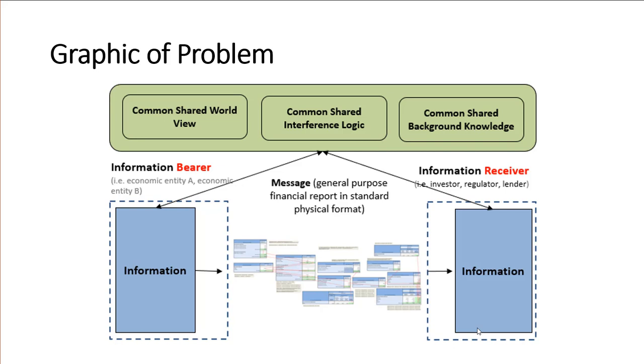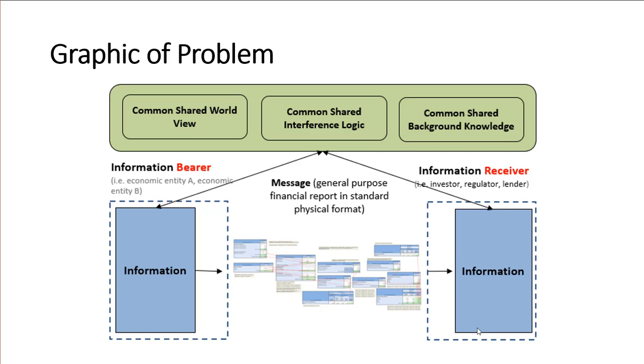That message is a general purpose financial report. In the past, the message has been conveyed using paper. And then it was using e-paper like HTML or PDF or a Word document. And now we're moving into a more machine readable and machine understandable format like XBRL.